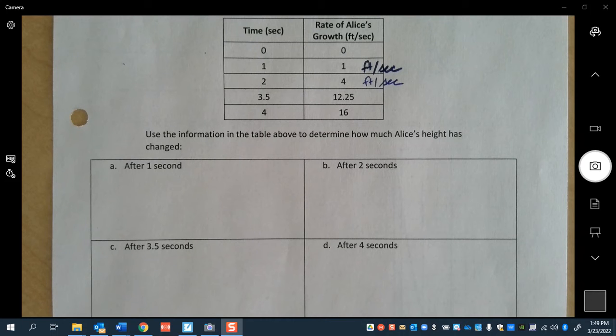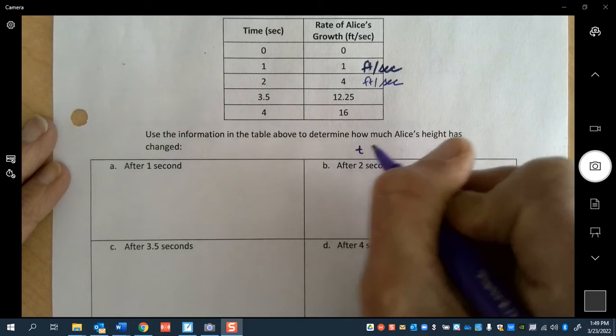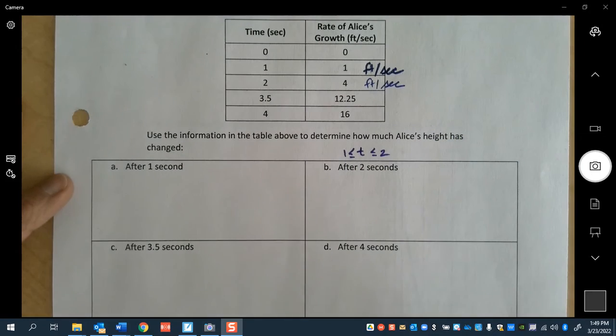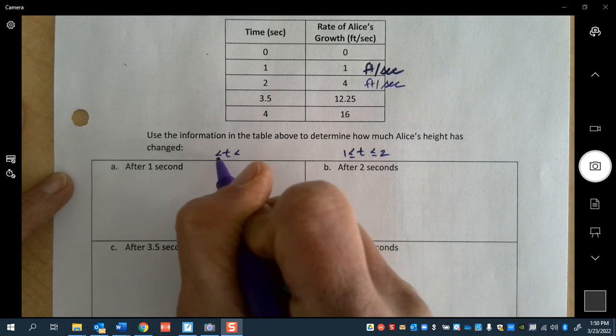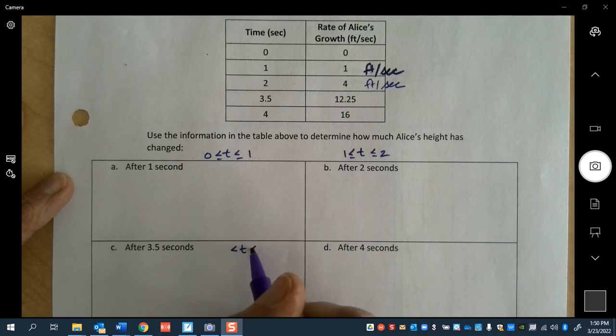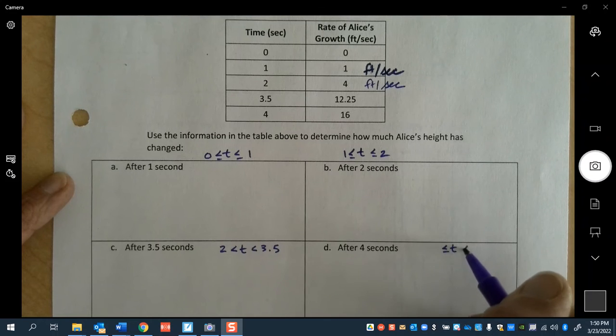So now that I talk about between each of the intervals that we have, does that change how you're going to find your calculations for how much her height has changed if we talk about where time is between 1 and 2 seconds, where time is in between 0 and 1 second, where time is in between 2 and 3.5, and where time is in between 3.5 and 4.